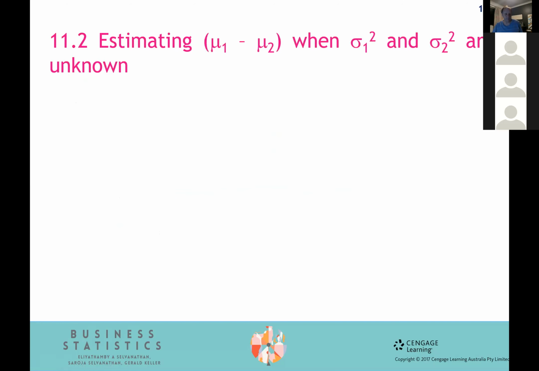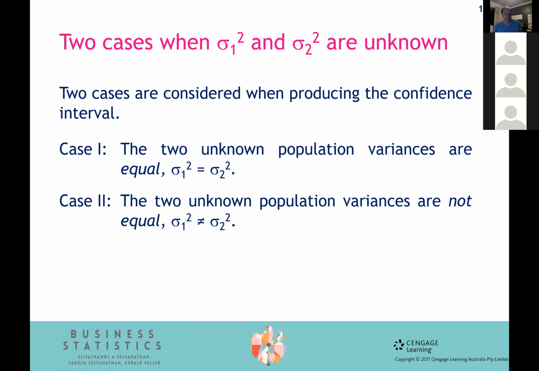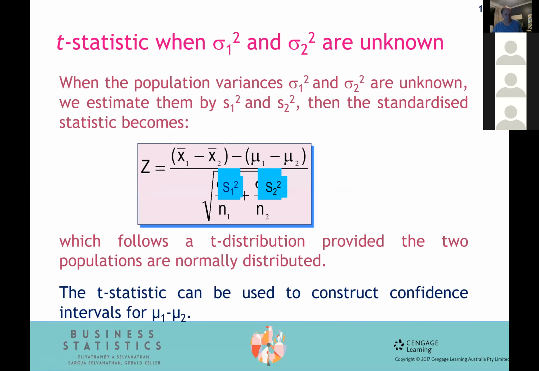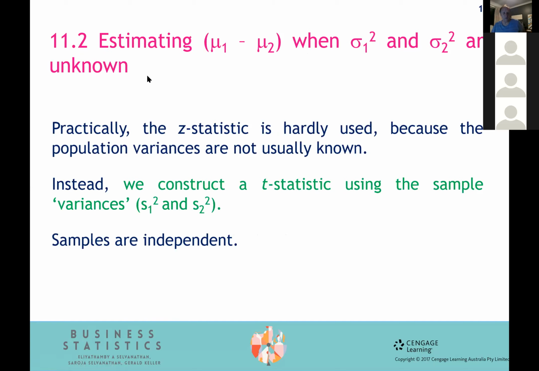Okay, let's get to 11.3. Okay, 11.2, sorry. So in this particular case, we're interested in 11.2, and that's the only section we're really going to look at. And you can take note of the other sections.